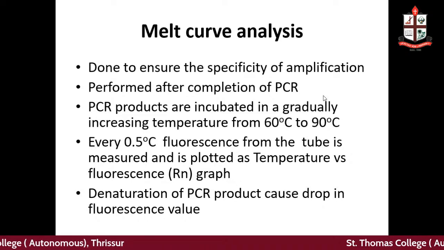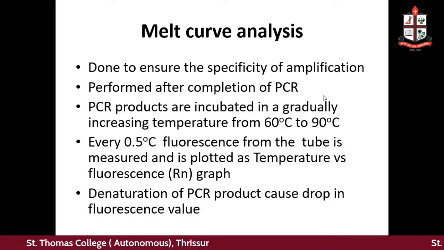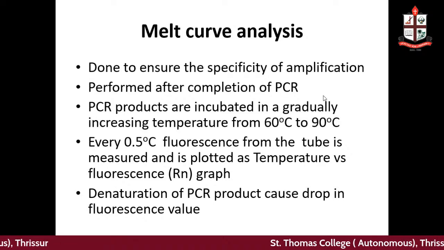So this is performed after PCR. The PCR products are subjected to different temperatures, starting from a lower temperature of 60 degrees Celsius and gradually going to a higher temperature of 90 degrees Celsius.